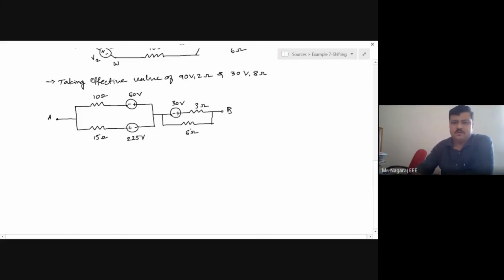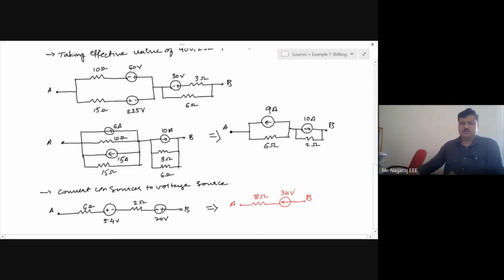Then take the effective value of 6 ohm and 3 ohm resistance and convert that back to a voltage source, because ultimately what I want is the practical voltage source. Now do this. We get the result: 34 volts and 8 ohms. So this is the solution.